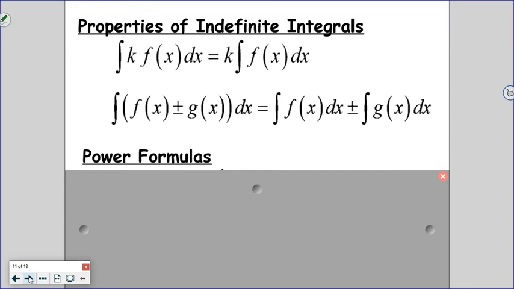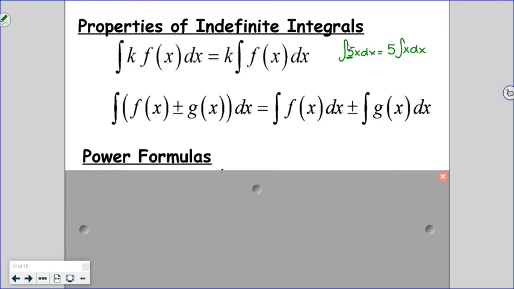Very basic example of what that's talking about, the integral of something like 5x dx. Well, 5 is a constant, which means I can slide it in front of the integral and just do the integral of x dx. Sometimes sliding that constant out of there, especially in something like a power rule, can make it easier to take the antiderivative.